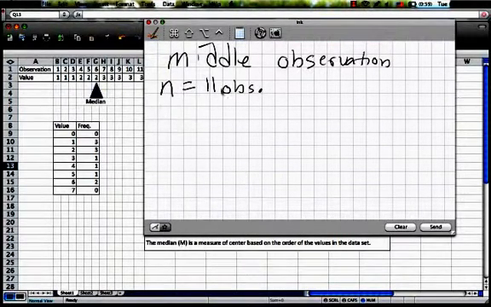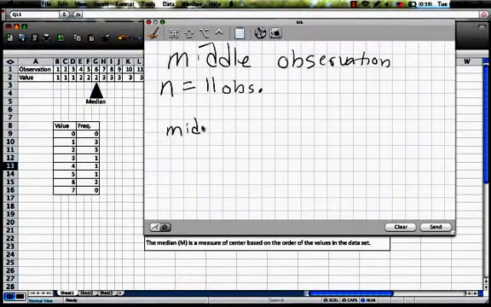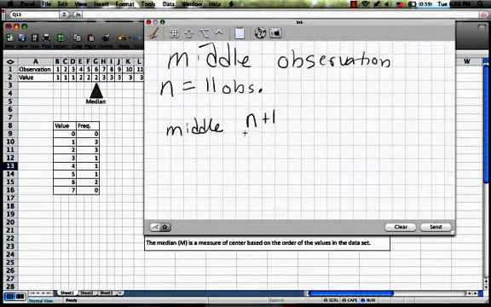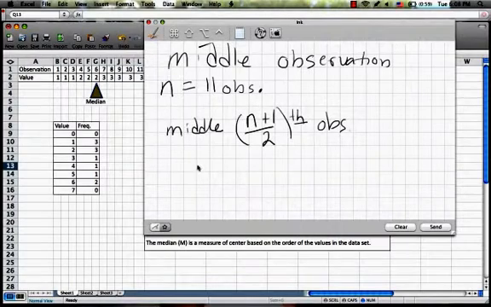The way we'd find the middle observation, if you look at this, we have 11 nicely laid out and you can see that 6 is the middle, but the other way we can say this is that the middle observation will be the (n plus 1) divided by 2 observation. So in our case we have 11 plus 1 all over 2, so 12 over 2, that's 6.